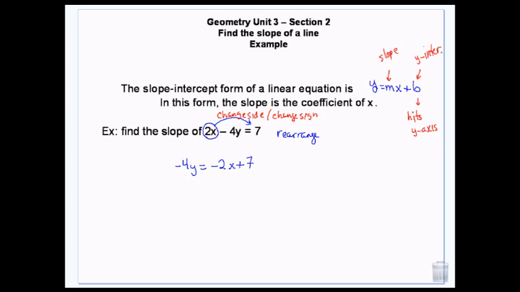The next thing we want to do is divide by -4 because we want y by itself. So I get y is equal to -2 over -4, which is positive 1/2 x, and positive 7 over -4 gives me a negative number, and I'm just going to leave it as 7 over 4. You don't have to do anything with that, just leave it. So we've got it into this format, and we can identify that the slope is 1/2, and the y-intercept is -7/4. So it would hit the y-axis at -7/4.